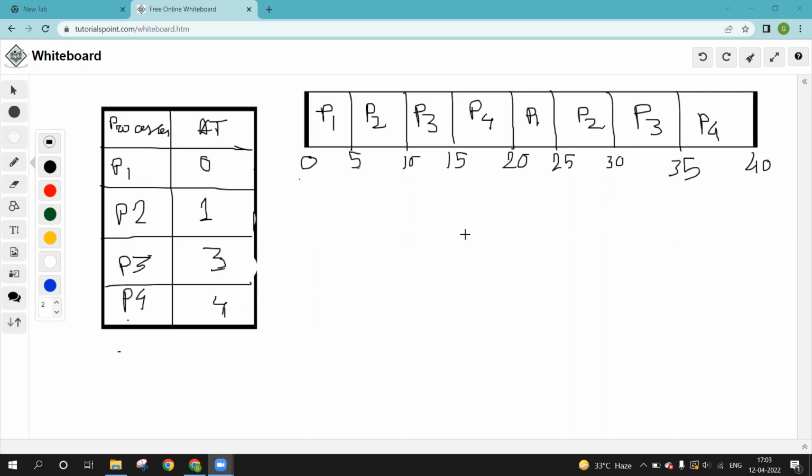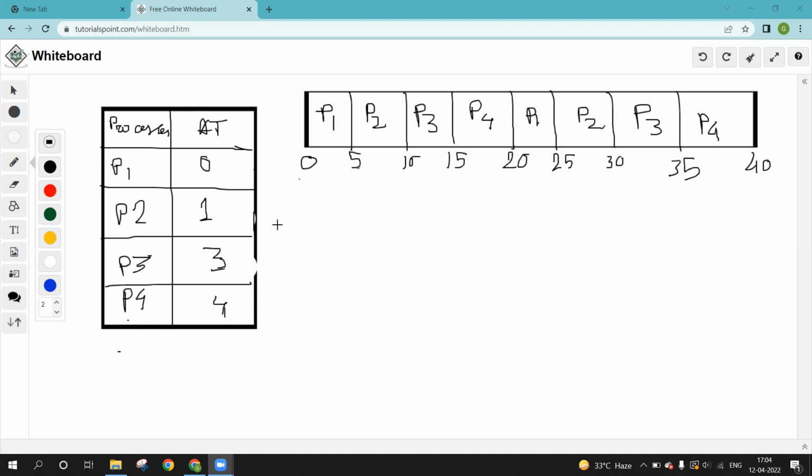Then there will be priority scheduling, and preemptive and non-preemptive variants. So many algorithms are there, but today I only want to show you how to get the response time, waiting time, burst time, and turnaround time from a drawn Gantt chart.